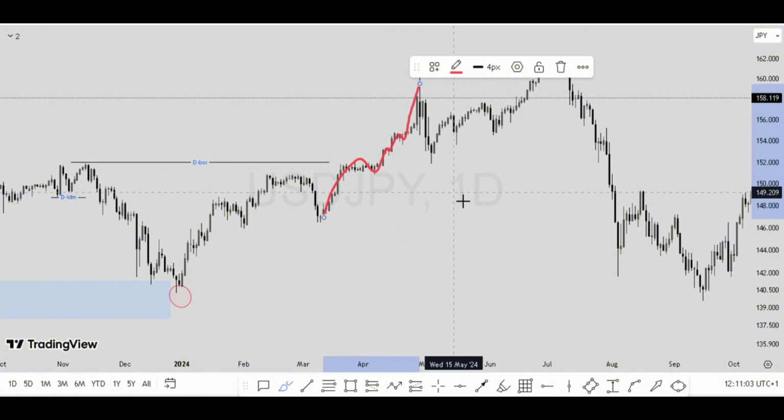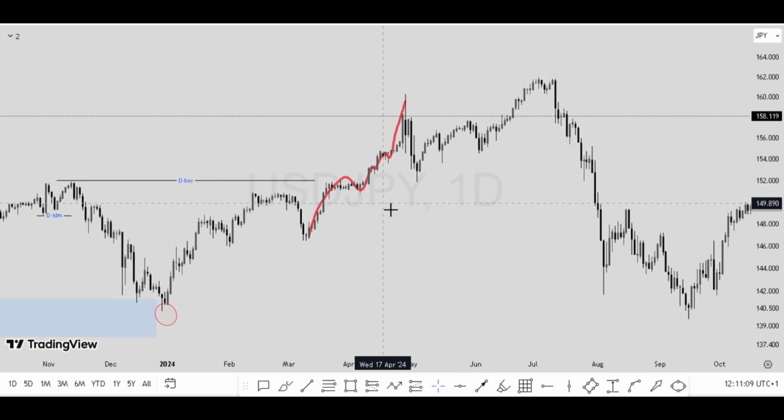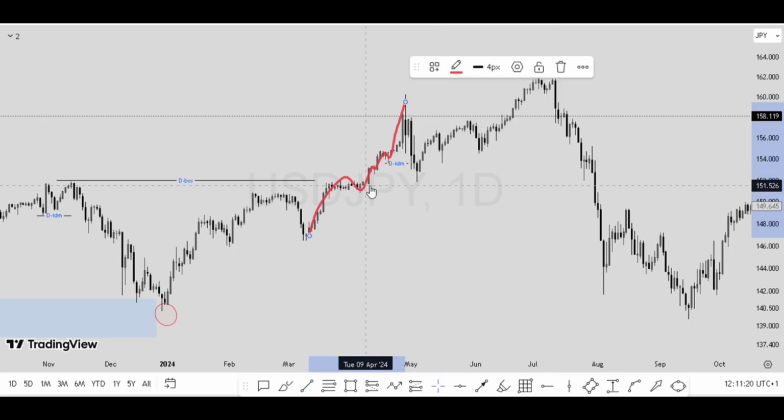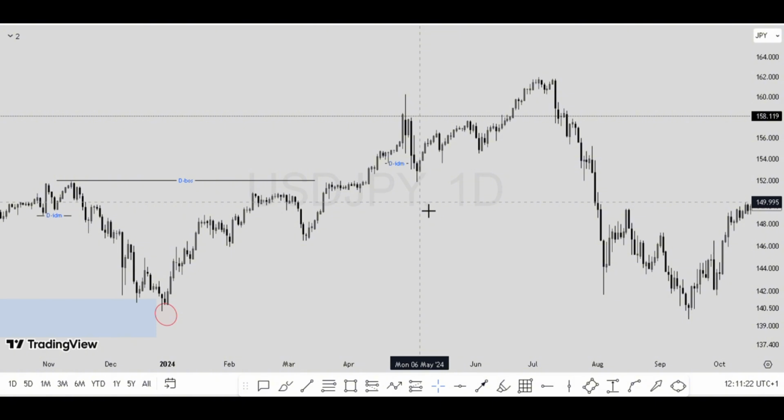In case you are confused about how I get my pullback, you can watch the video on how to identify a valid pullback. And you can see this is where we are able to identify the last POI and the last pullback that the market did. So put our inducement there, and then what else are we looking for again?